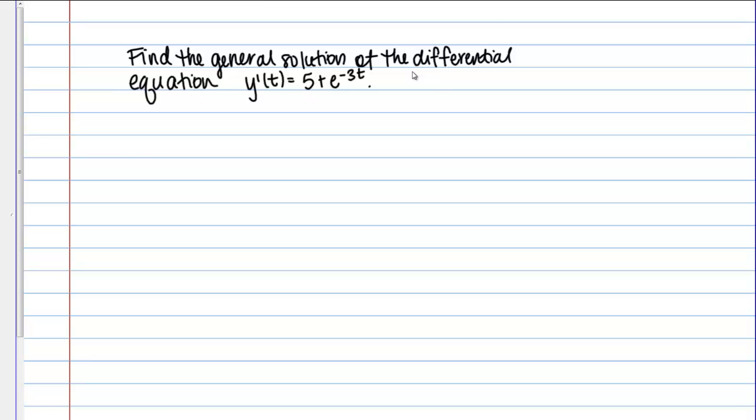So the way I'm going to approach this is, I know y prime of t, and I want to find y of t. So you can probably guess that we're going to be using integration to solve this differential equation. And what I'm going to do is integrate both sides of this equation with respect to t, since t is my independent variable in this case.